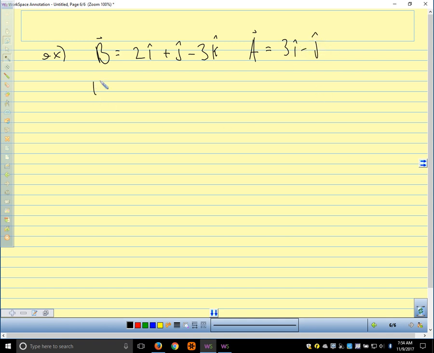We want to find the projection onto A of B and the vector component of B orthogonal to A.